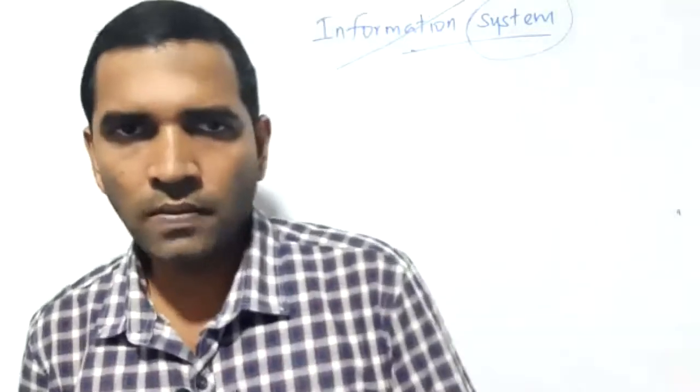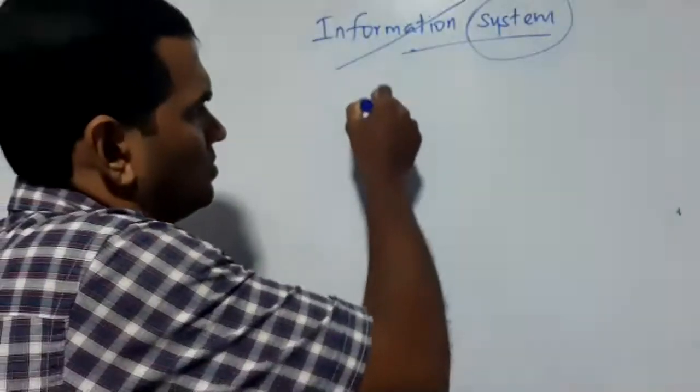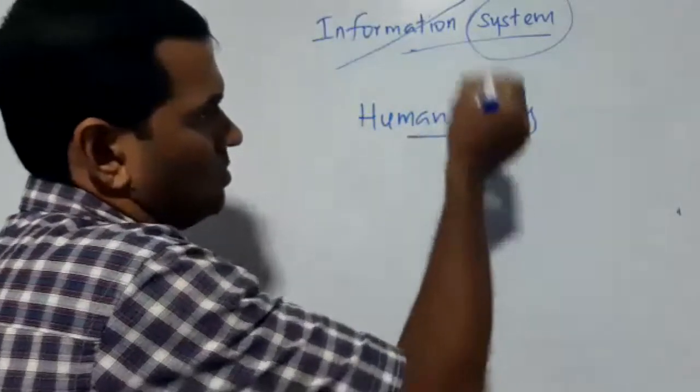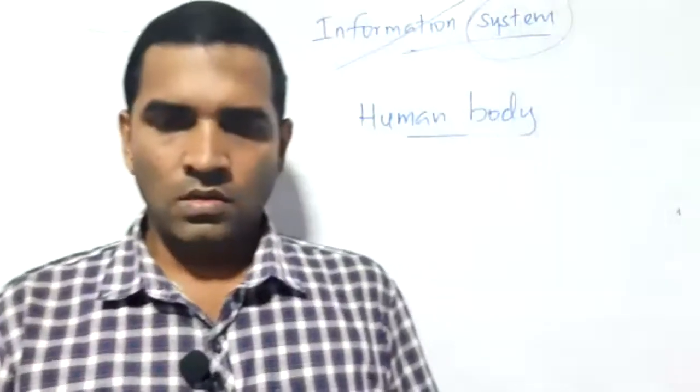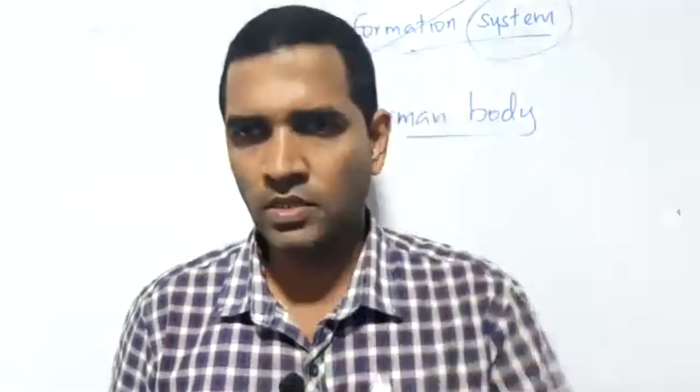So let's take an example for system and identify some more things. Let's take a simple example: the human body. I take the human body as a system. Listen to me. The human body is a system because it matches my definition, which means it has those three important things.